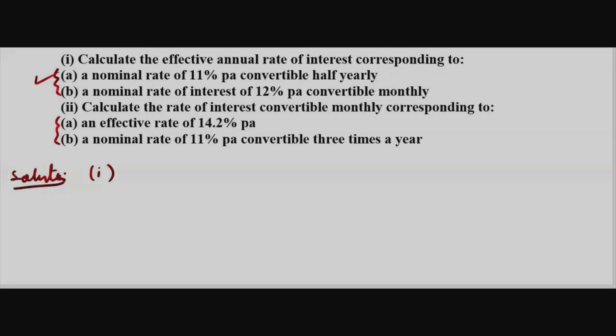So I2 is given. That is 0.11. How about the second one? Nominal rate of interest of 12% per annum convertible monthly. I12 is given, 12%. And you have to find I.